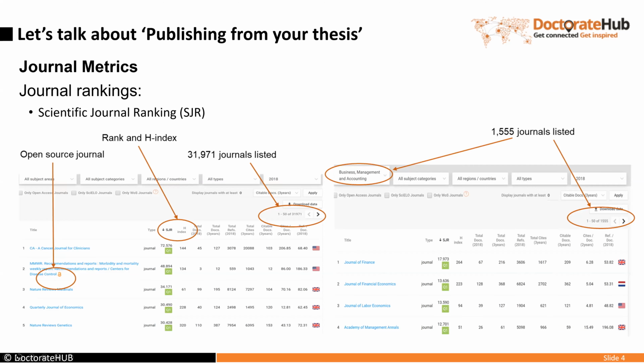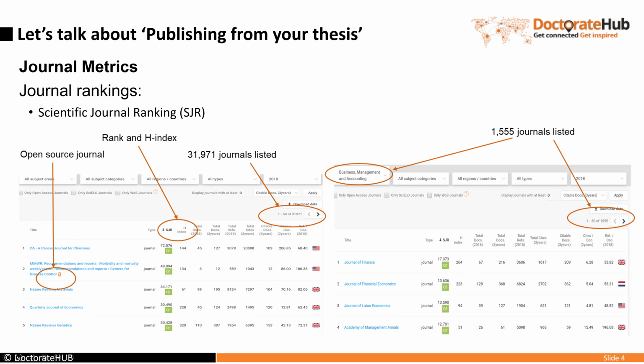Another journal metric is journal rankings. For example, the Scimago Journal Rankings use the H-index as a scientific factor. With the SJR, there are almost 32,000 global journals they look across.